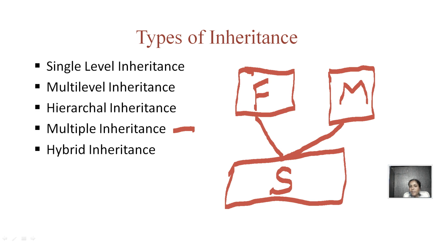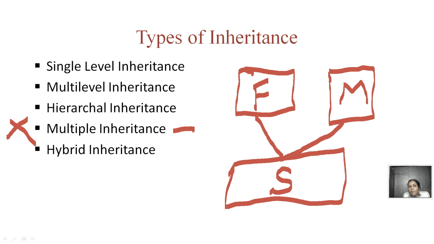For that reason, multiple inheritance is not possible in Java. Actually all these are inheritance types. In C++ also we have these types, and multiple inheritance is possible in C++, but some conflicts will exist for acquiring the properties. We can discuss those when I am focusing on multiple inheritance.